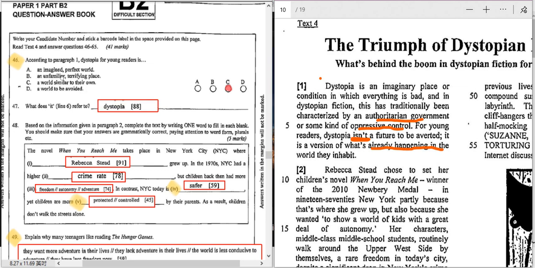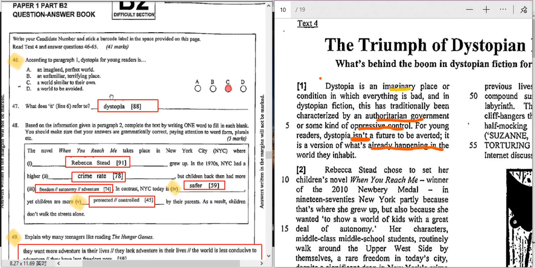Well, it is imaginary, of course. It's an imaginary place, but it is in no way perfect. It's quite problematic, a very bad society. So A isn't the answer. And is it unfamiliar? Well, it's a terrifying place, but it is in no way unfamiliar.